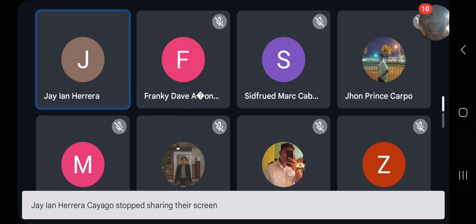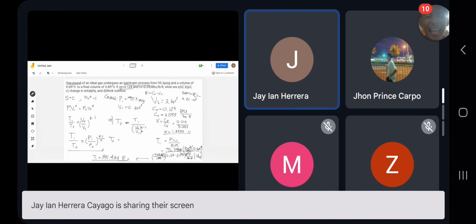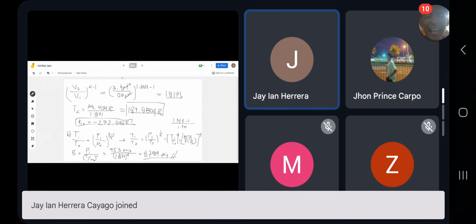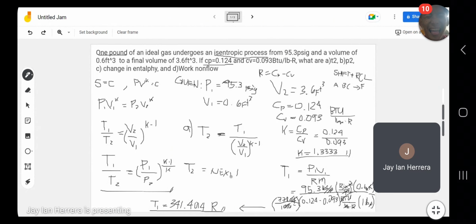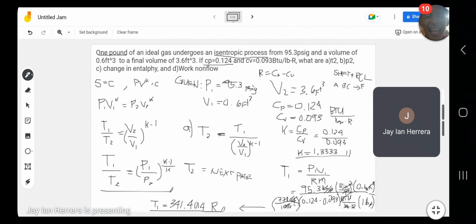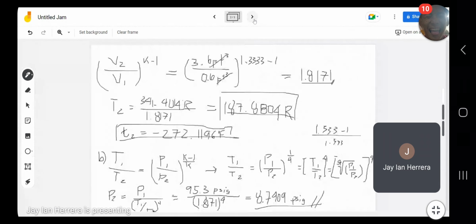So let's go to thermodynamic cycles naman. Na-screenshot niyo ba yung first slide for notes? Okay, screenshot niyo muna. Next page.